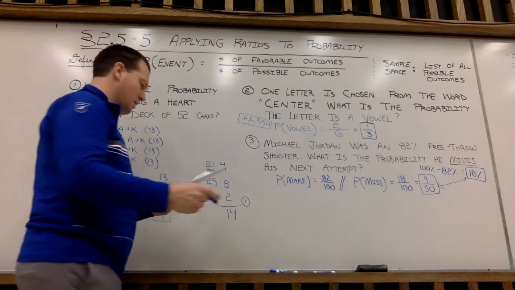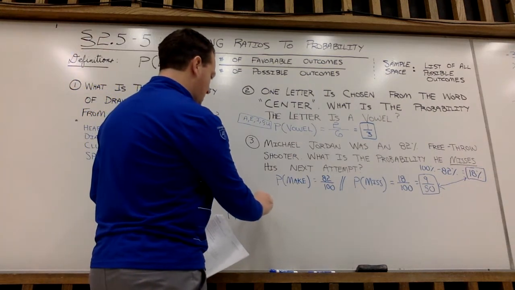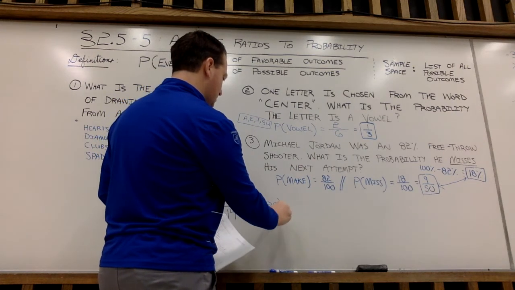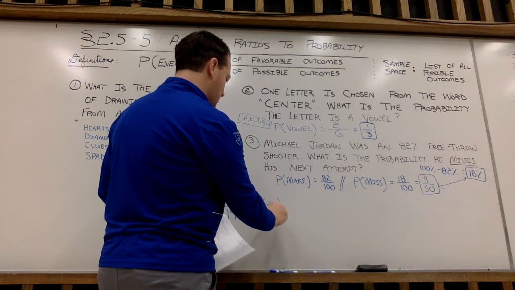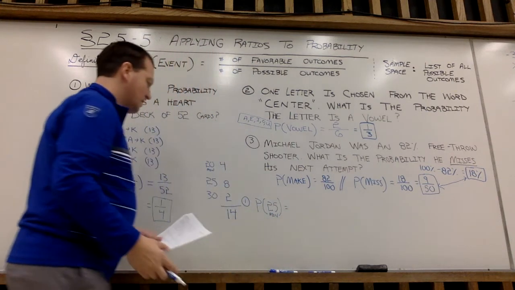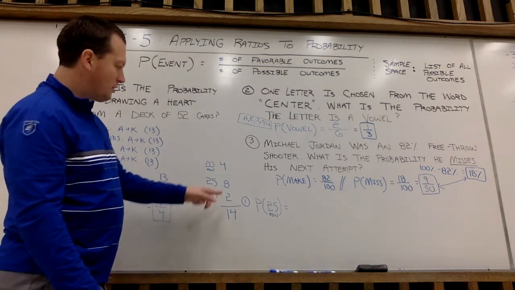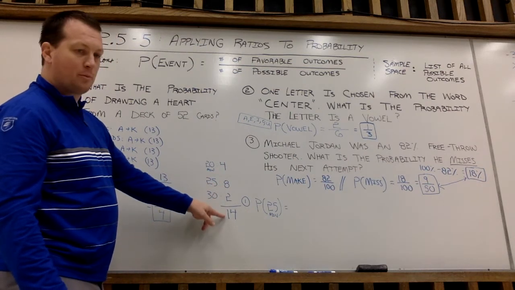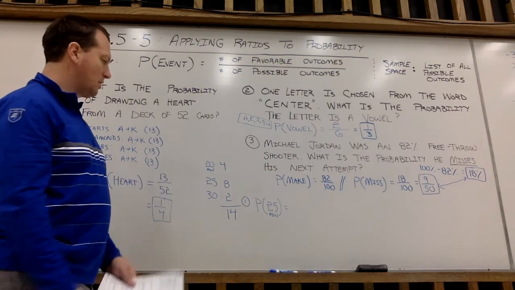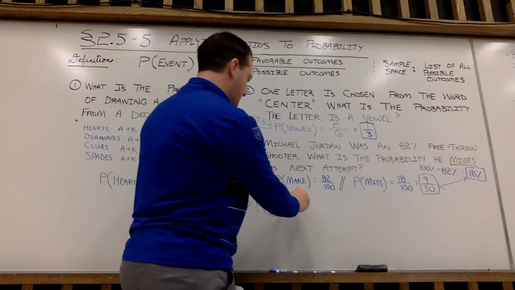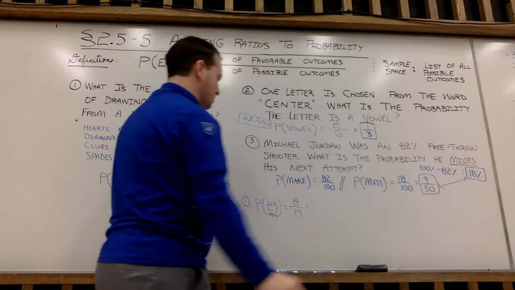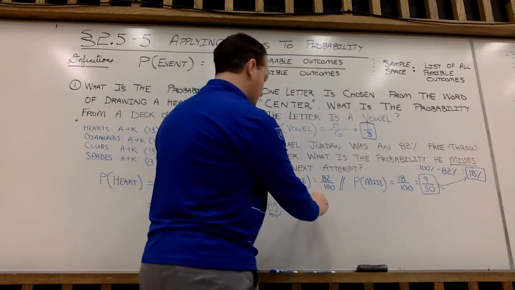So question 1, we want to find what is the probability the trip would take exactly 25 minutes. So that is going to be my number of favorable outcomes. There are 8 25-minute trips out of the total number of trips that were collected, 14. So 8 out of 14, and that would reduce to 4 over 7.